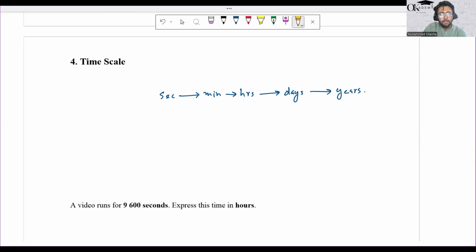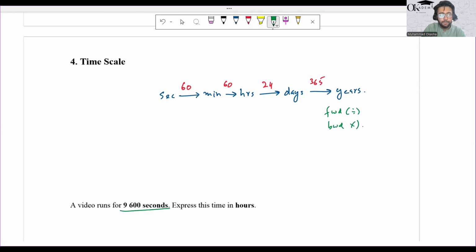So seconds to minutes is 60. Minutes to hours is also 60. Hours to days, we know there are 24 hours in a day, and there are 365 days in a year. And the same thing follows. Forward is division and backward is multiplication.